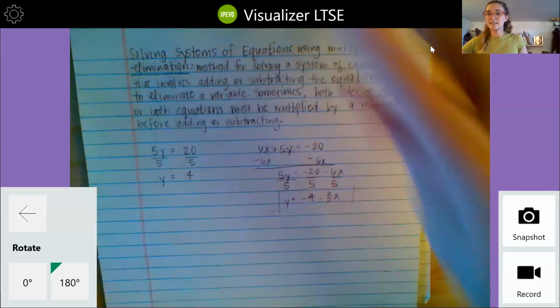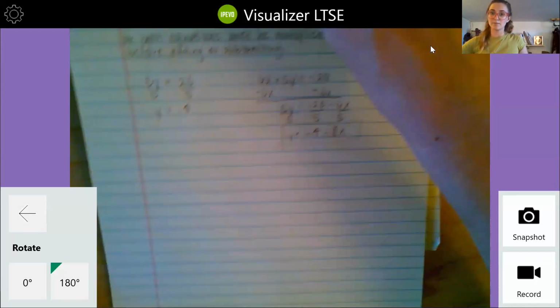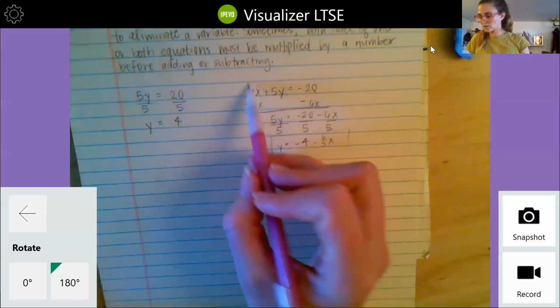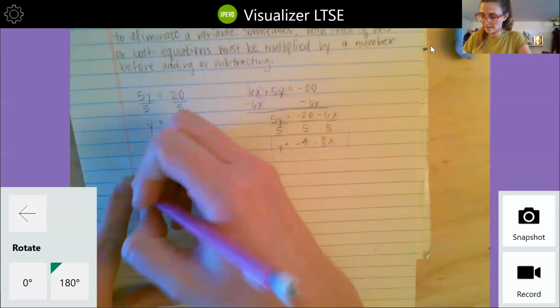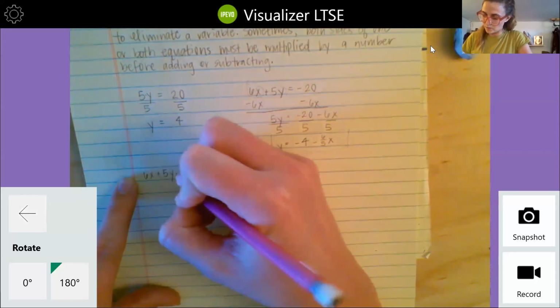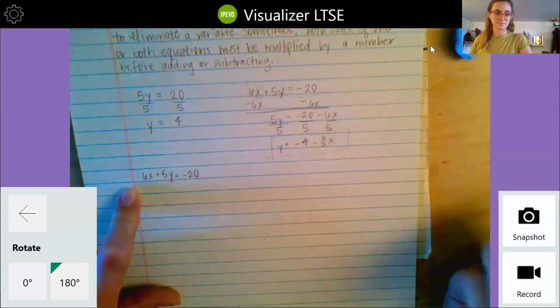And that's where this system of equations kind of comes in. When we have two equations, each with two variables, we can use them together, we can have them work together in order to solve for each of the variables. So let's use this equation, 6x plus 5y equals negative 20.